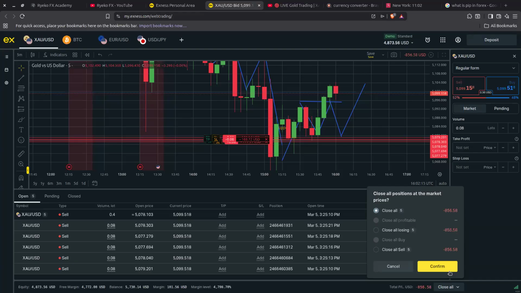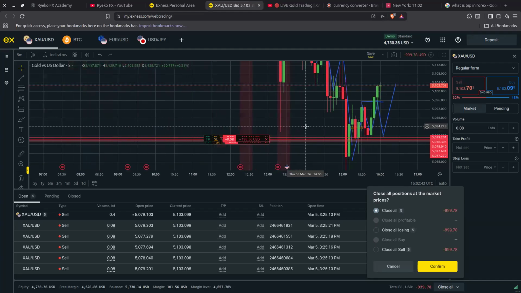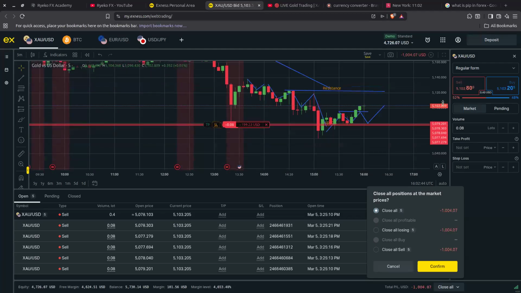If I'm going to hold on to this trade, then I'm going to hold on to it for long, long, long. But that was bad.